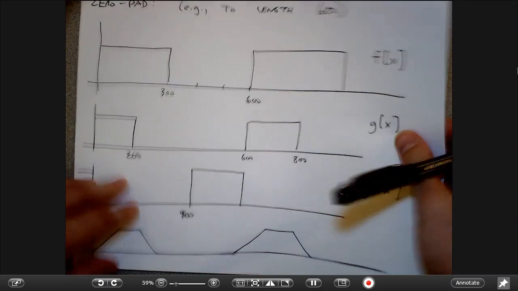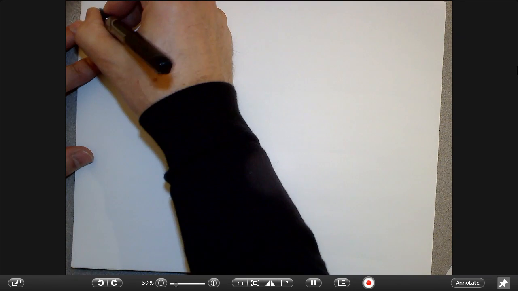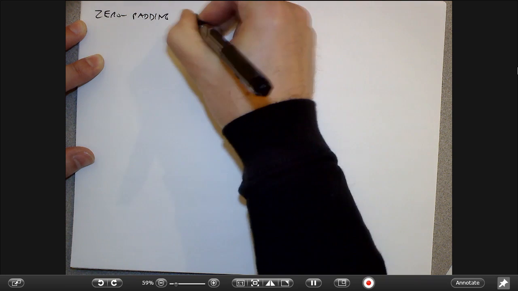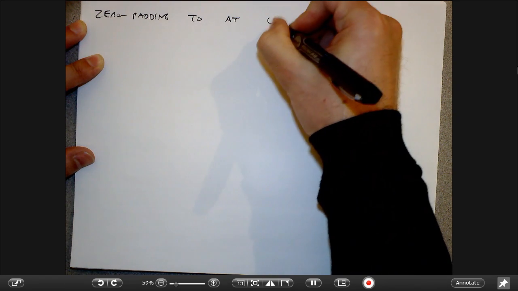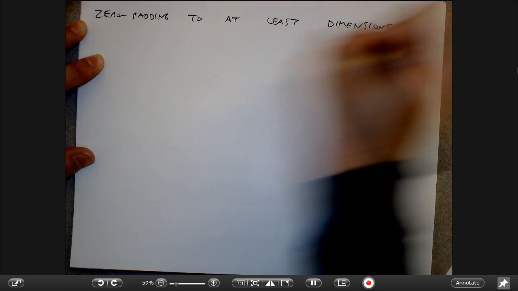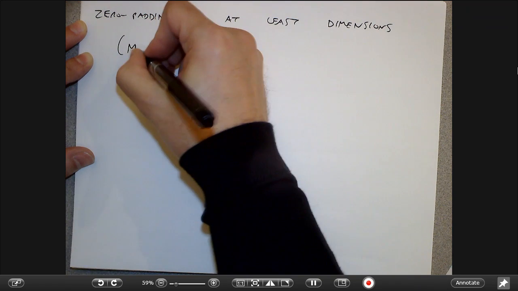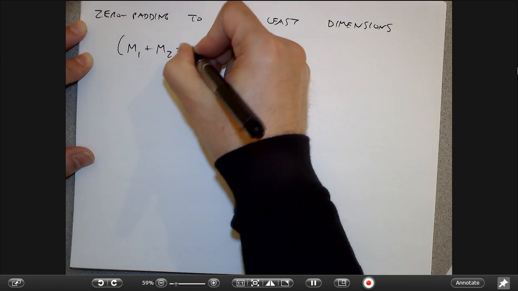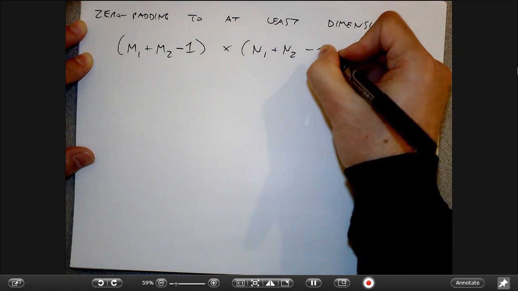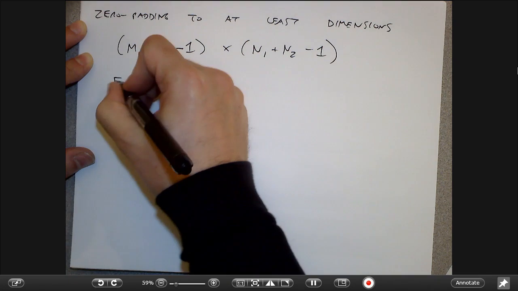So actually I think that I have it written down. Zero padding to at least dimensions M1 plus M2 minus 1 by, so these are basically the dimensions of the images.